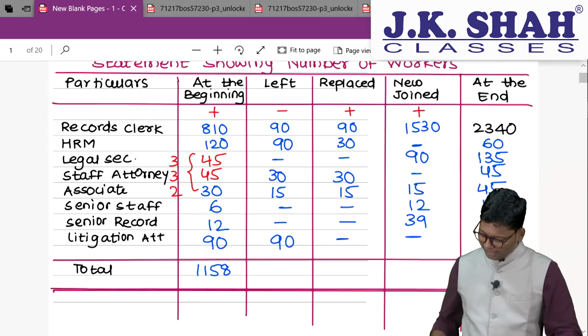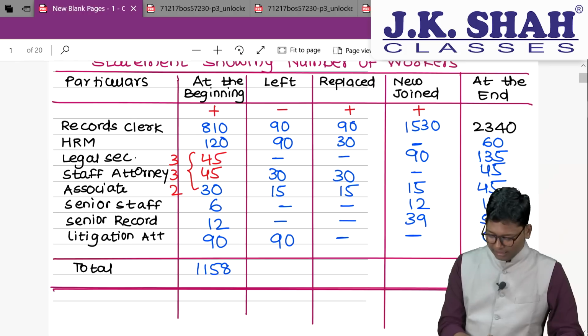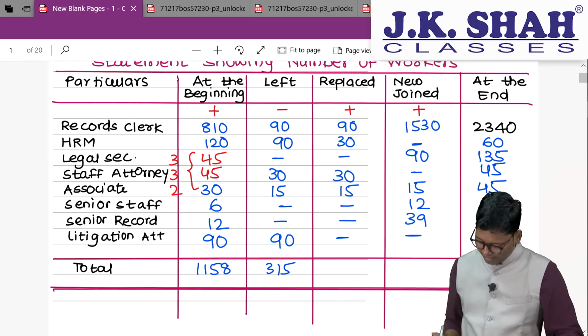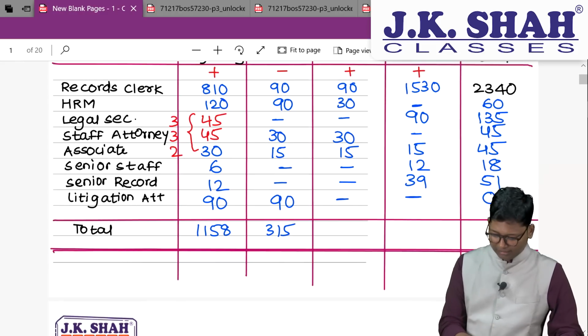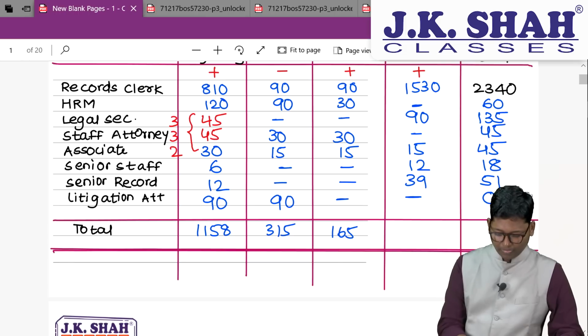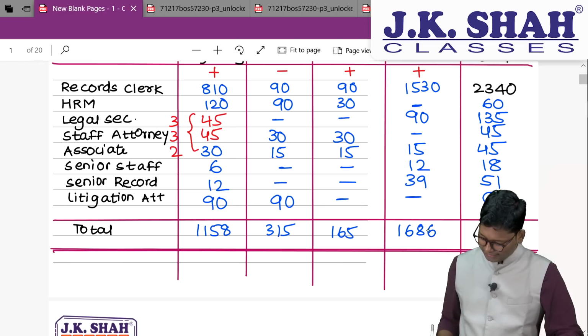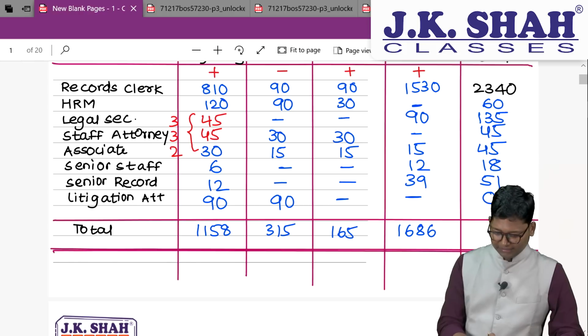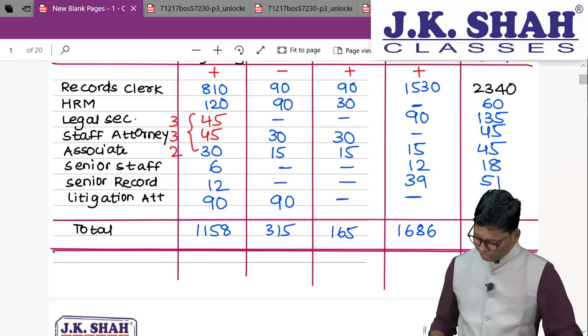Now you can calculate even the number of workers who left: 90, 90, 30, 15 and 90, a total of 315 employees left during the year. How many employees replaced your existing post? 165. Then 1530 plus 90 plus 15 plus 12 plus 39 is 1686. 2340 plus 60 plus 135 plus 45 plus 45 plus 18 plus 51 is 2694.